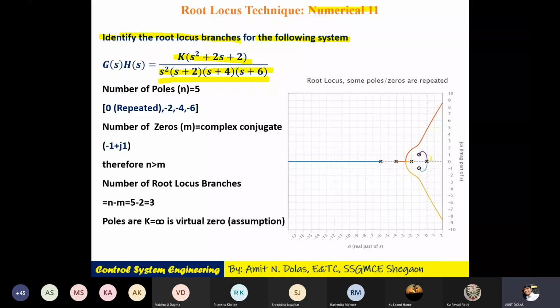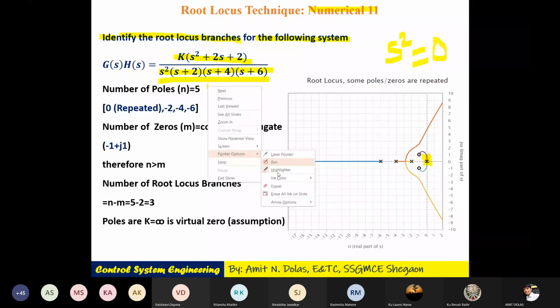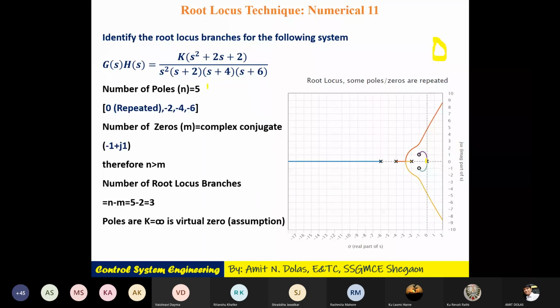I have taken this from a graph plotter, so the repeated pole will not be visible. Only one is visible, but there are repeated poles at the origin, s is equal to 0, because I kept s square is equal to 0. So there are repeated poles at the origin. Another pole will be available at -2.